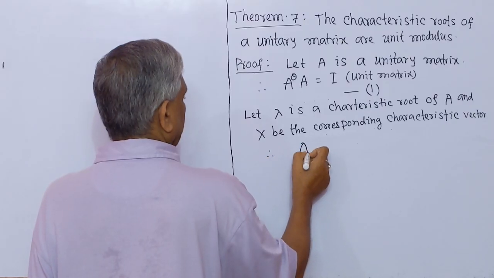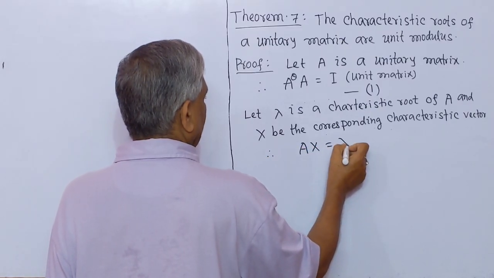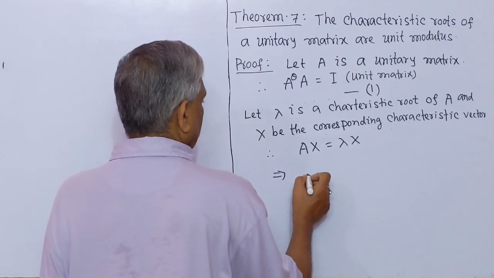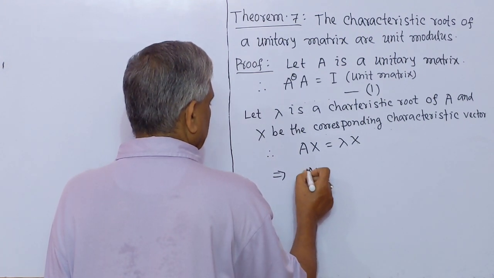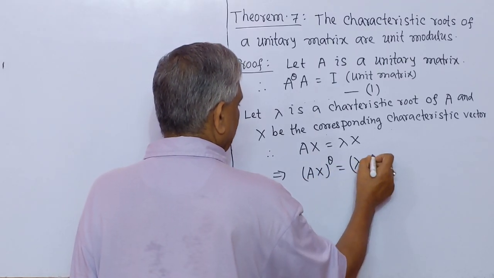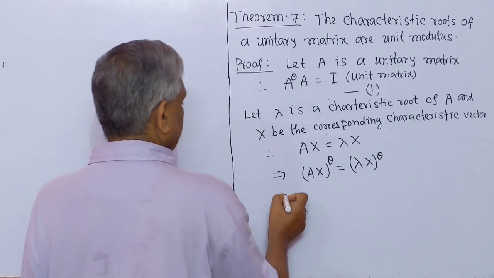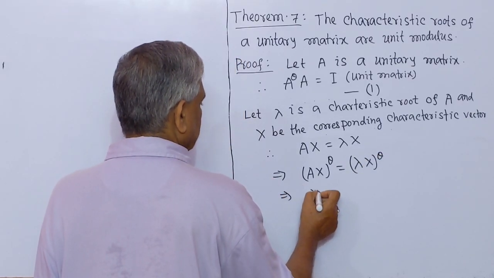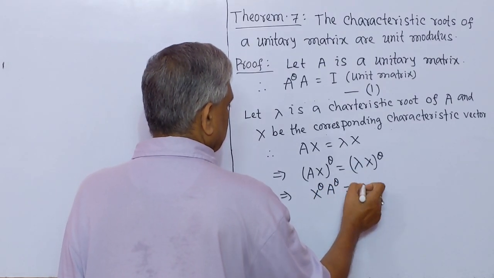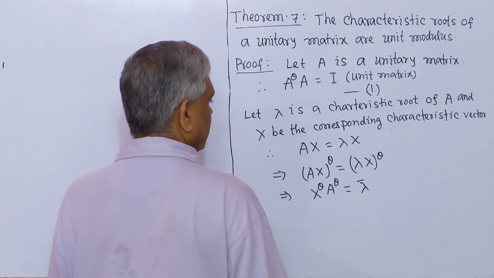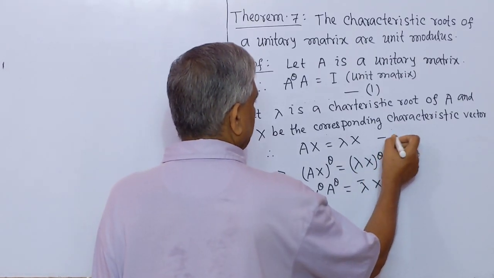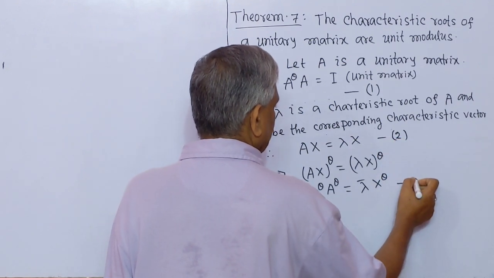Therefore, Ax = lambda x, which implies that (Ax)^θ = (lambda x)^θ, which means x^θ A^θ = lambda conjugate x^θ. Let this be number 2, this is number 3.